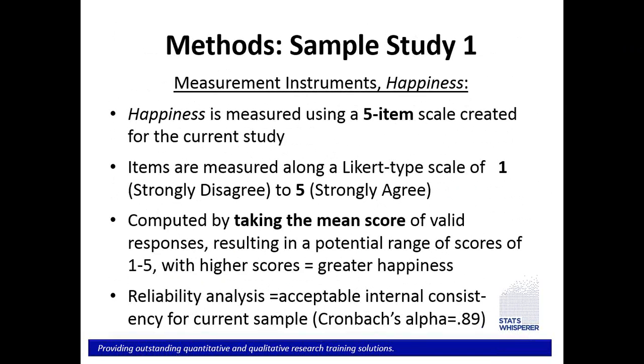Finally, our reliability analysis indicated an acceptable level of internal consistency for the current sample, as the Cronbach's alpha equaled 0.89. So you see in just a few sentences, we really describe the very crux of what the instrument is. And then if you wanted to report more about it, such as putting a couple of sample items from the scale in there, you could put it right after that.